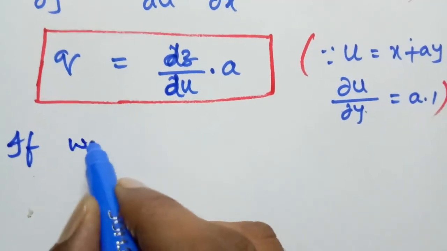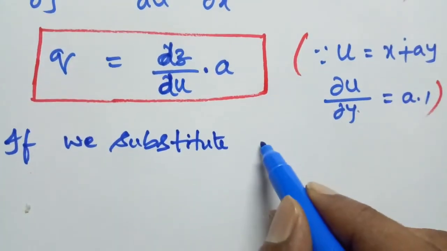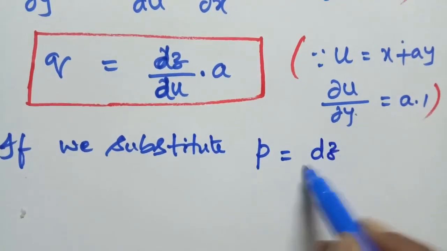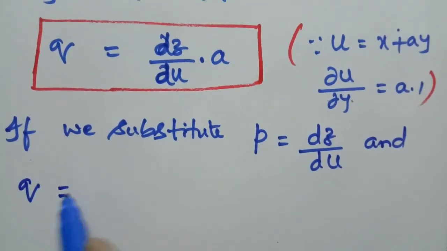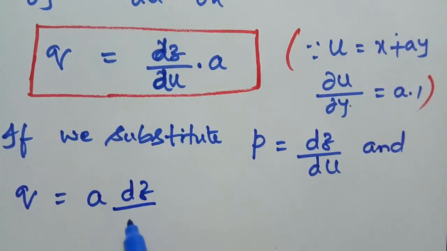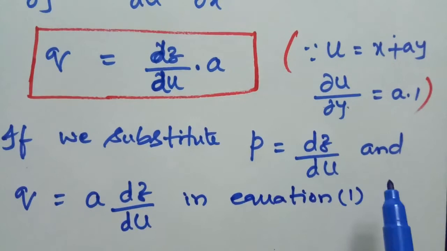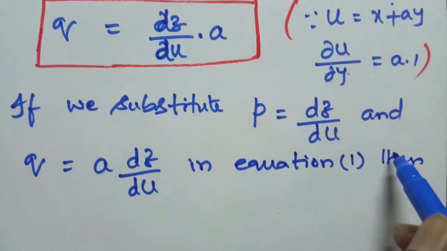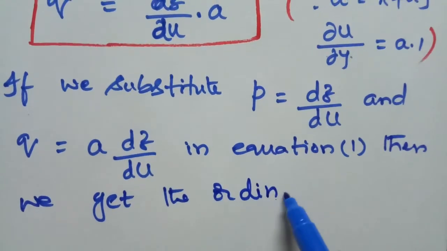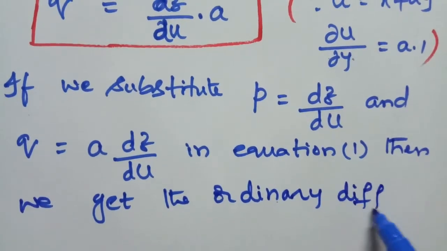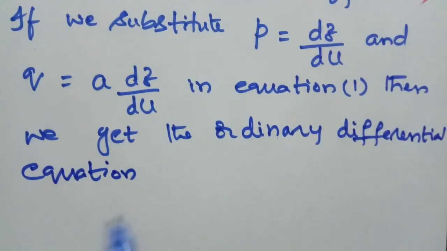If we substitute p is equal to dz by du and q is equal to a into dz by du in equation 1, then we get the ordinary differential equation.